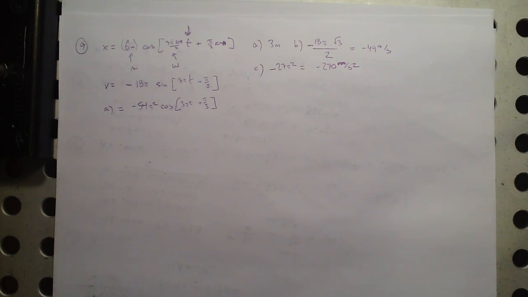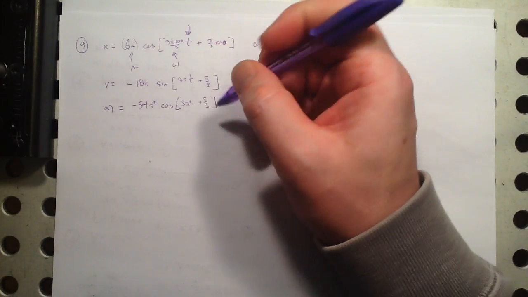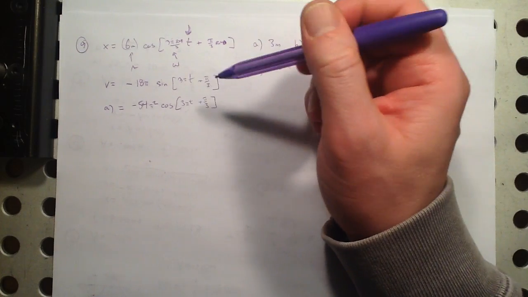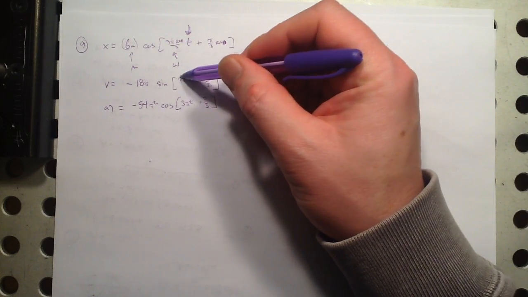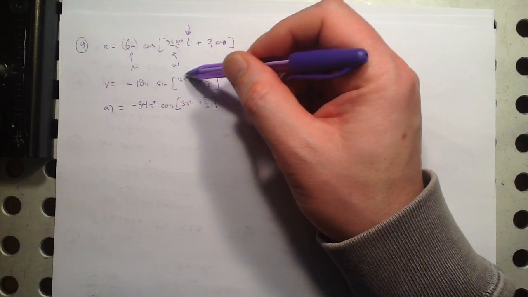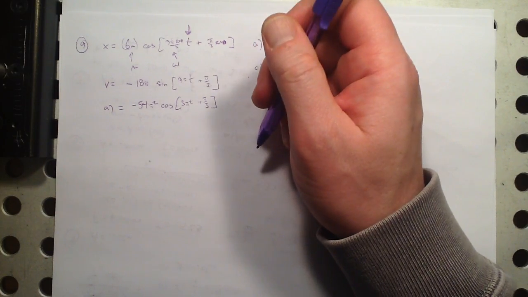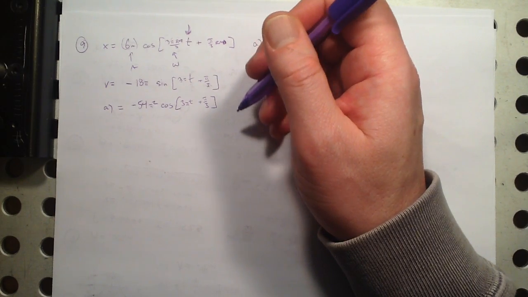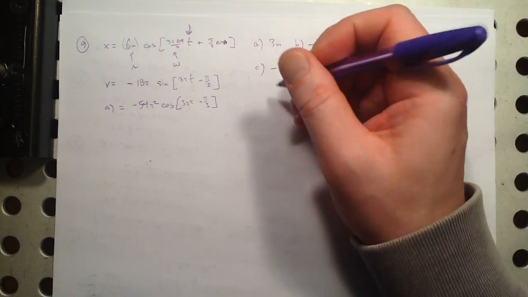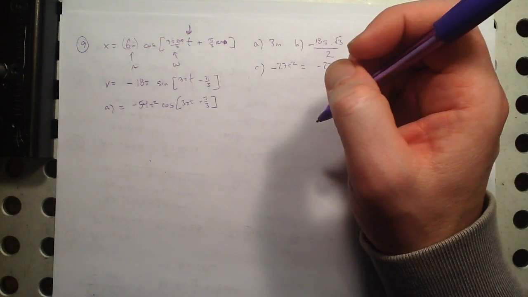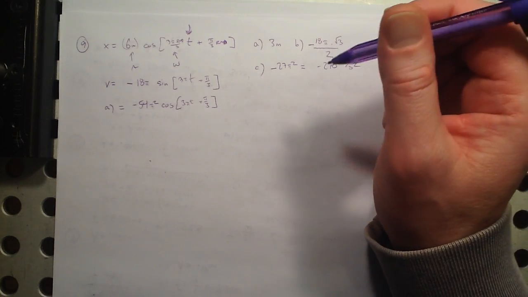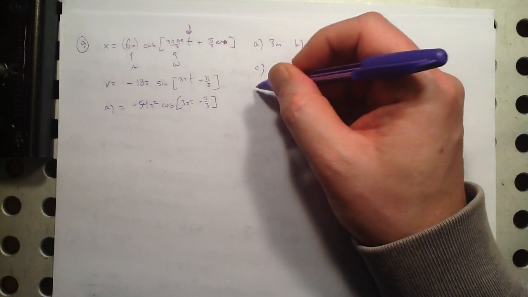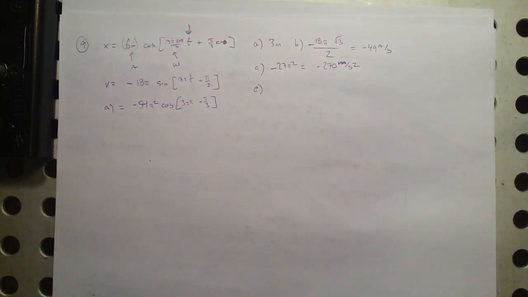Part D. What is the phase of the motion? Actually, we're not really going to talk about that, so rather than go into how to do it, I'm going to skip that part about the phase of the motion.